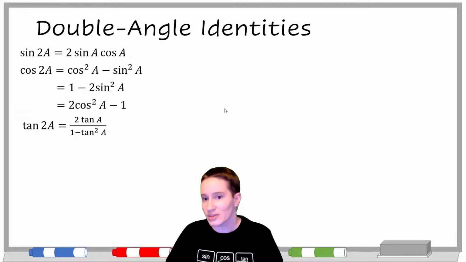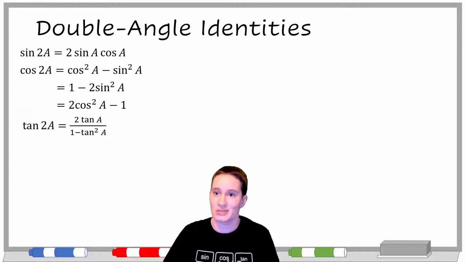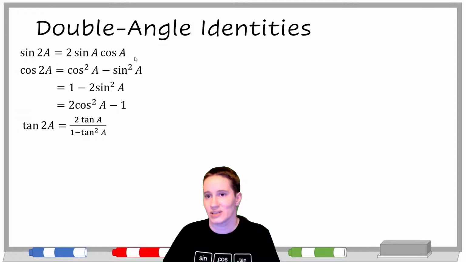So starting with the double angle identities, if you think about what double means, twice as much. So this situation is going to be where if we break down what the angle is inside of here, it's actually twice as much as some other angle that hopefully we know information about. Now, this is a weird one because as far as special right triangles go, we know things like 30, 45, 60.